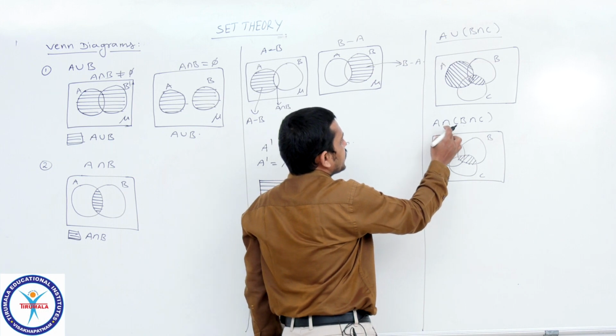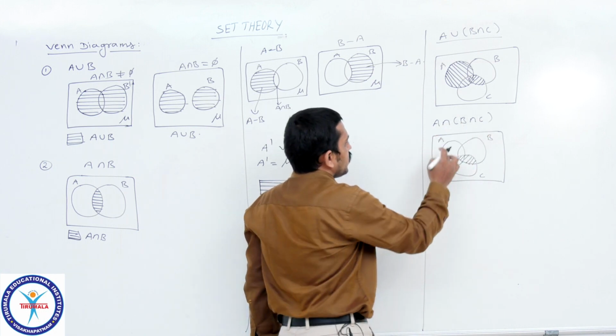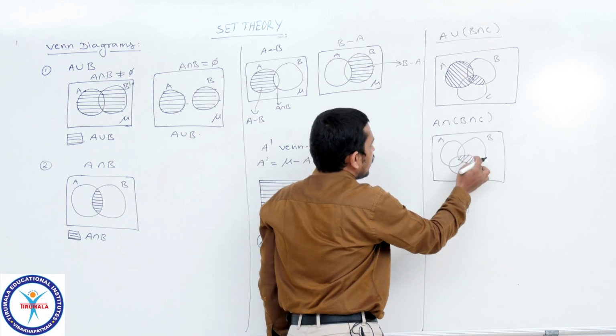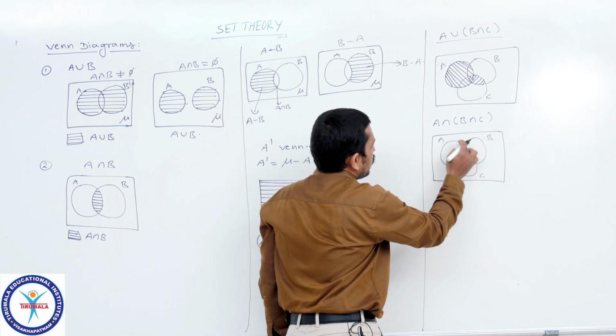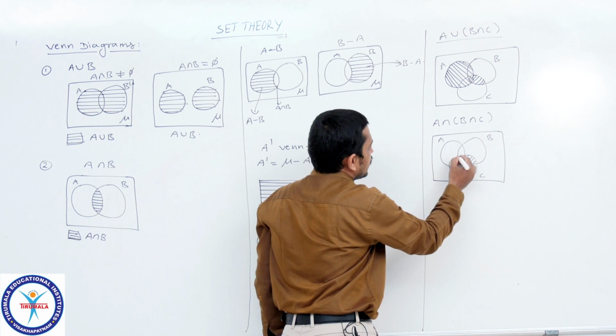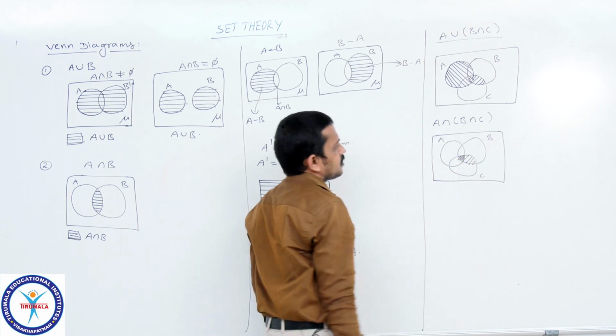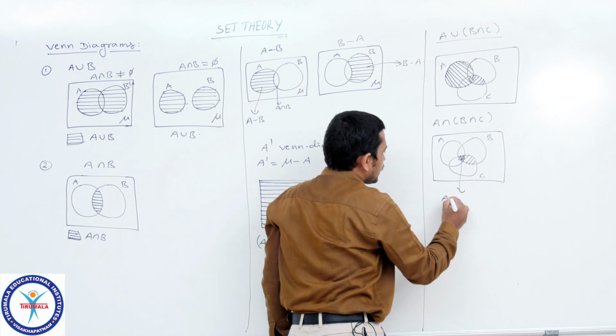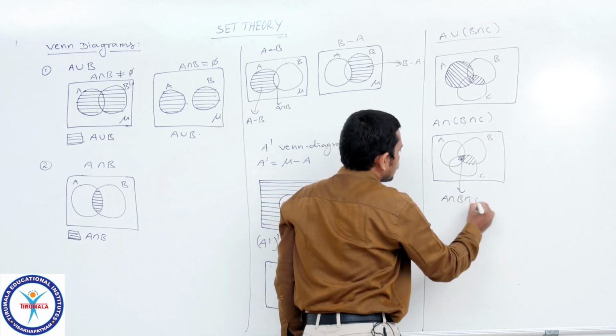Then A intersection B intersection C. So, the region which is common to set A and this B intersection C. So, here set A and B intersection C, the common region is this small part. So, therefore, this is A intersection B intersection C.